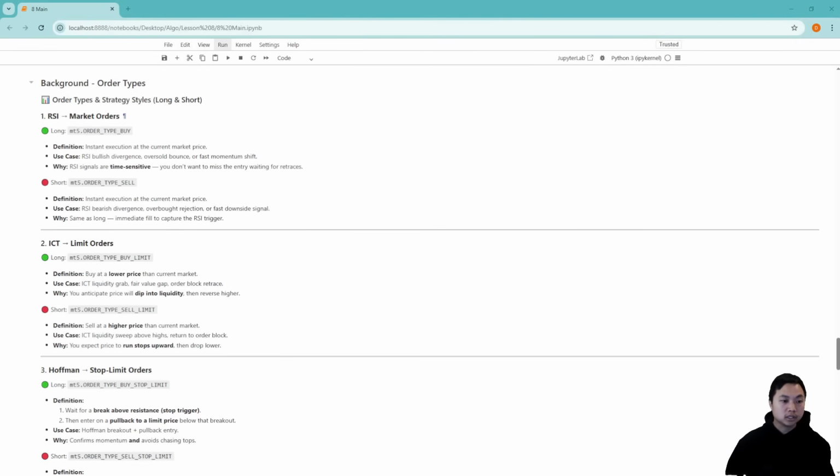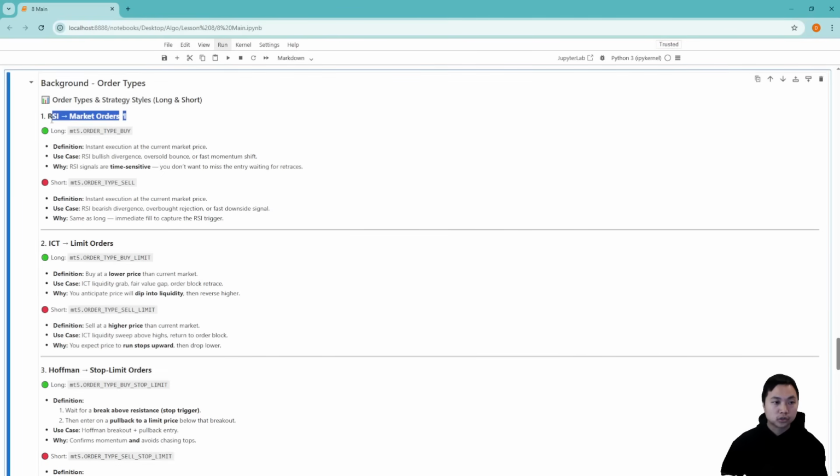We have 3 strategies. One is the RSI, and the other 2 are the ICT and the Hoffman strategies. The first one is the RSI. The RSI trades use the market order, that means that for a long, we use the buy, and for a short, we use the sell.